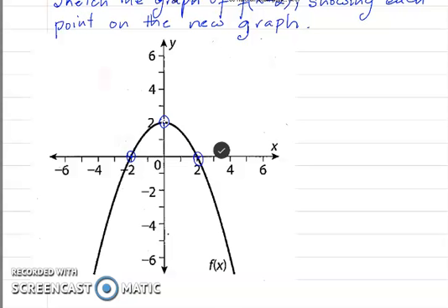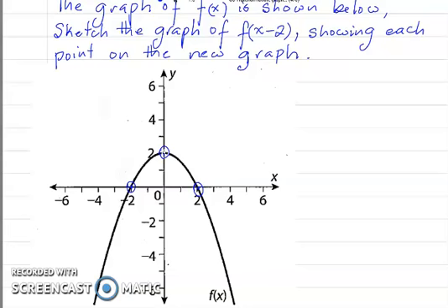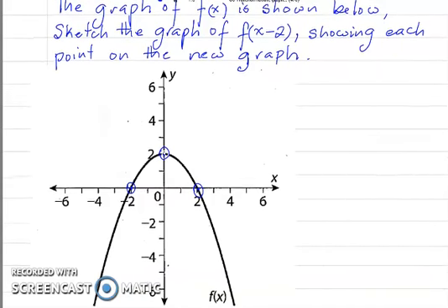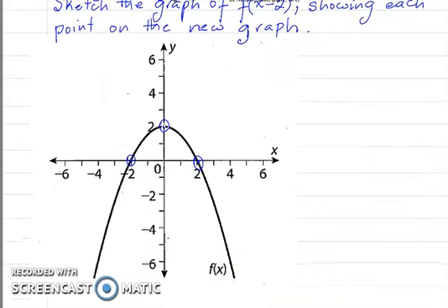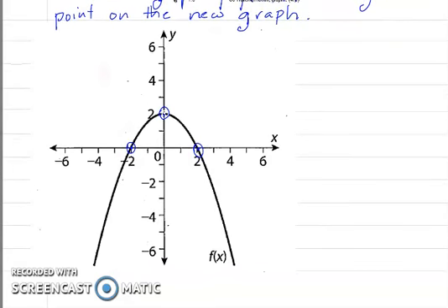All right. So let us see now, if we're going to sketch the graph, this is the graph of f of x, and we need to sketch the graph of f of x minus 2. This means I'm going to translate this graph 2 units to the right. So the y-intercept, which is 0, 2, is going to become 2, 2.